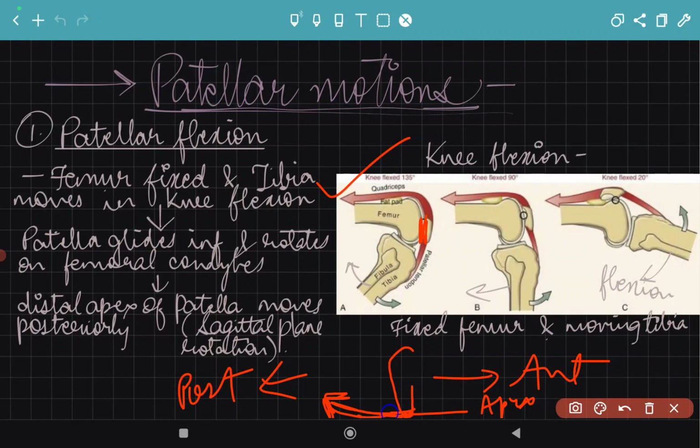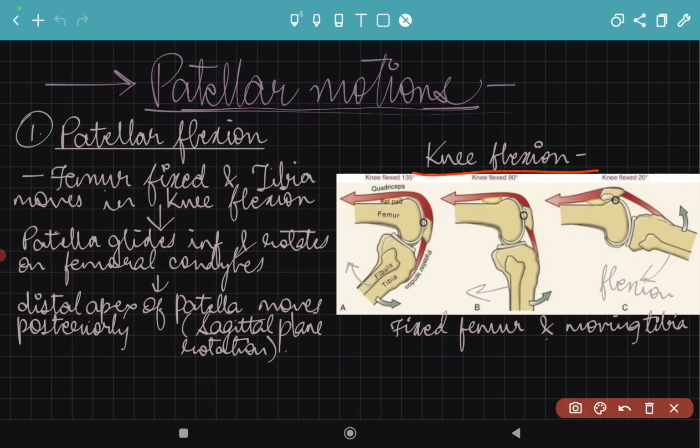We can see the apex going posteriorly, that is, it is doing sagittal plane rotation. So in knee flexion with a fixed femur and moving tibia, we see patellar flexion, where the patella glides inferiorly and rotates in the sagittal plane around the femoral condyles.